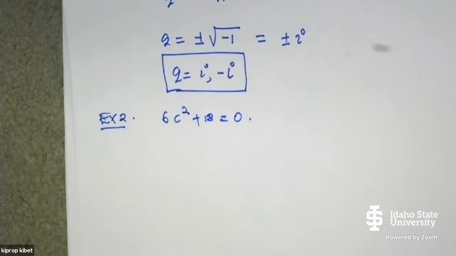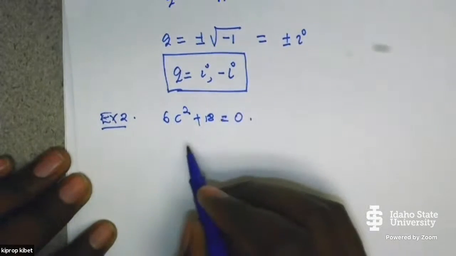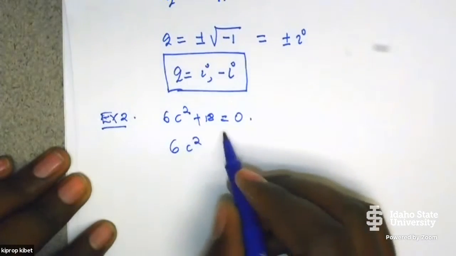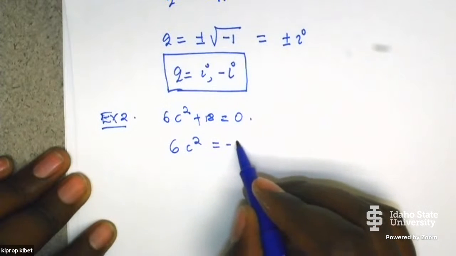Just like this, we take the other values to the other side. Make sure one side has the exponent, so you separate the exponent and the constant. Here, with 6c squared, we take 18 to the other side, minus 18.